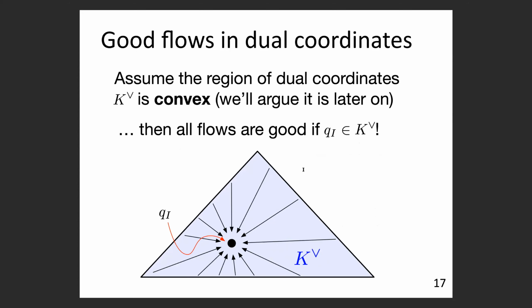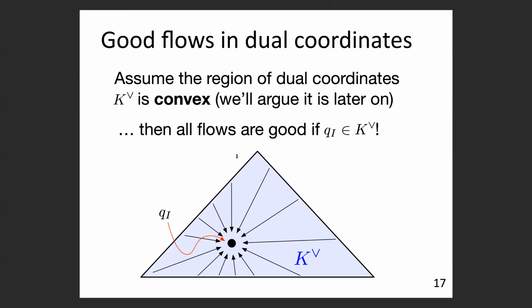But now let's suppose that the Q does sit inside K check. Suppose also that this region K check is convex. I said I would argue this later, but unfortunately it's not in my slides, but I can tell you a bit about how the argument goes. At least for a large class of geometries, we can argue that K check is convex.